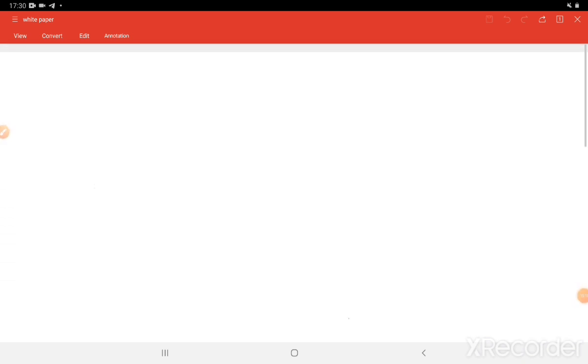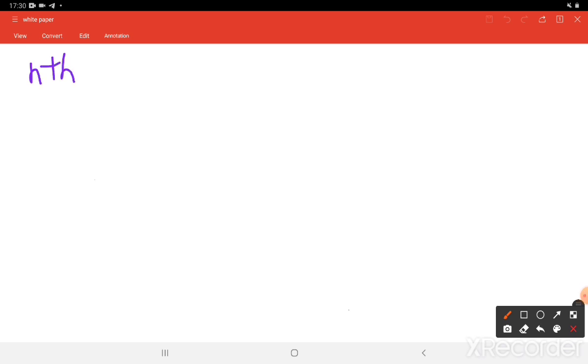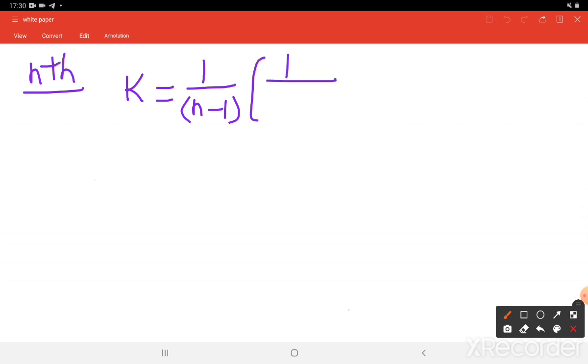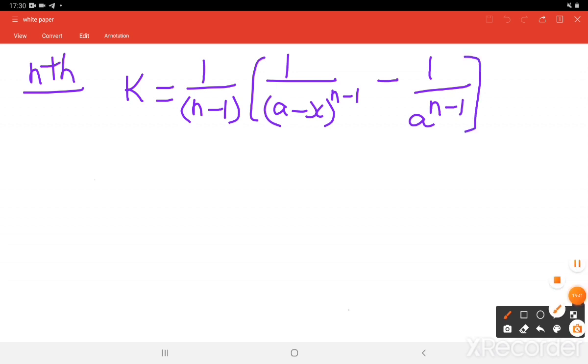For nth order reaction, k is equal to 1 by (n minus 1) into [1 by (a minus x) power (n minus 1) minus 1 by a power (n minus 1)].